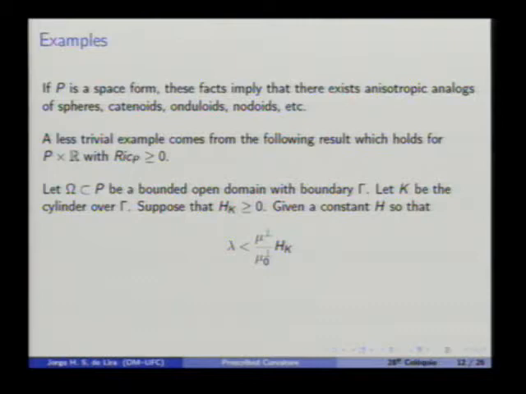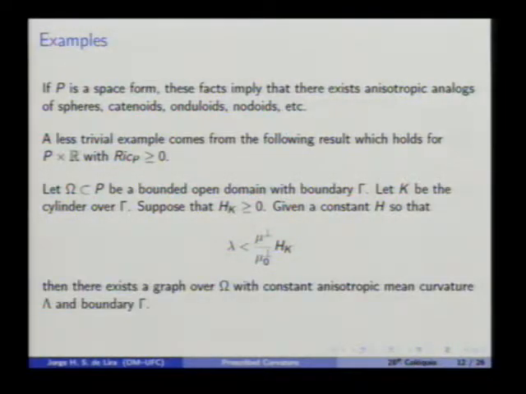And if you choose h, sorry, this is not lambda, this is h. If you take this constant less than this ratio times h_K, you could prove the existence of a graph with constant anisotropic mean curvature h. Again, it's not capital lambda, it's h. A confusion about letters here.